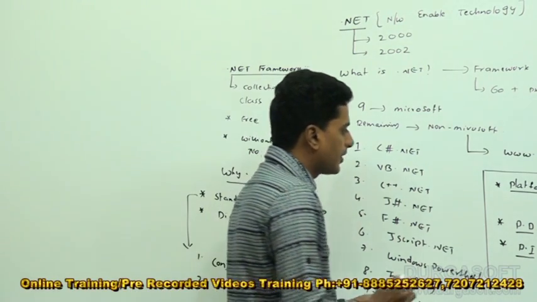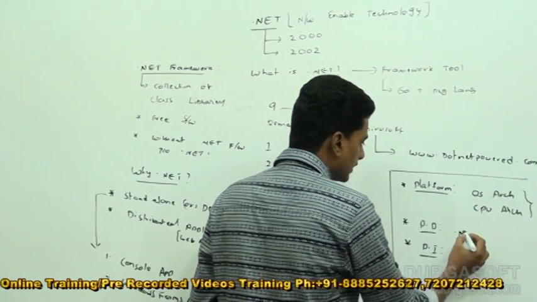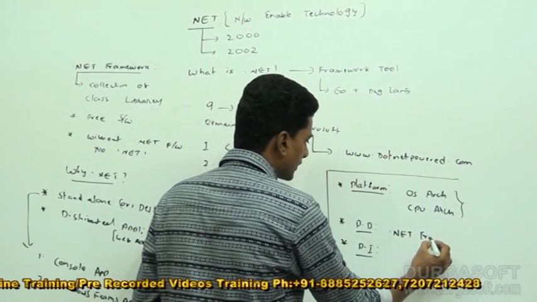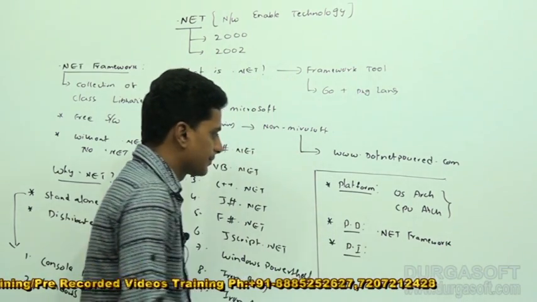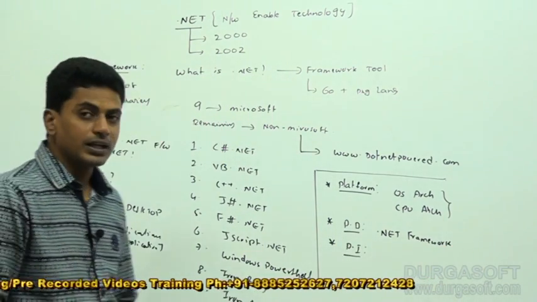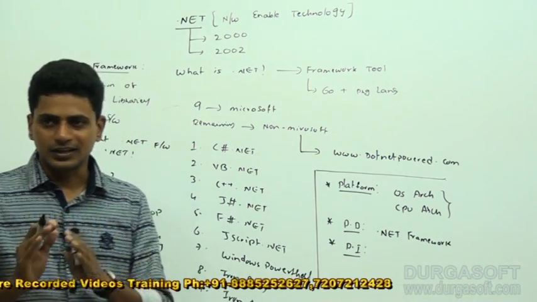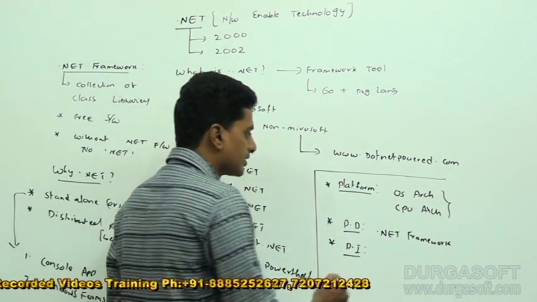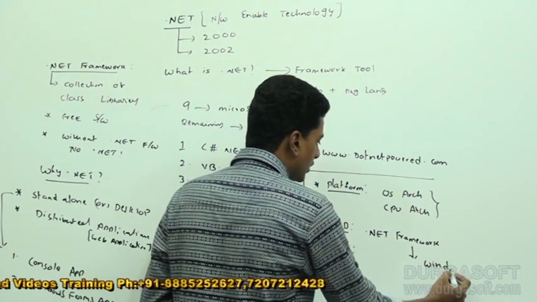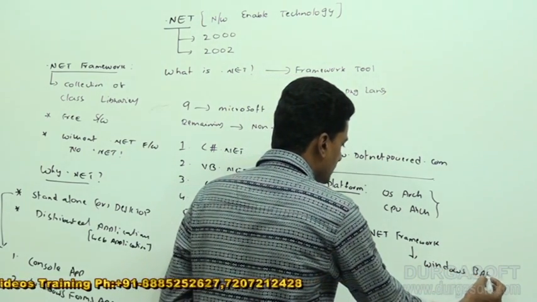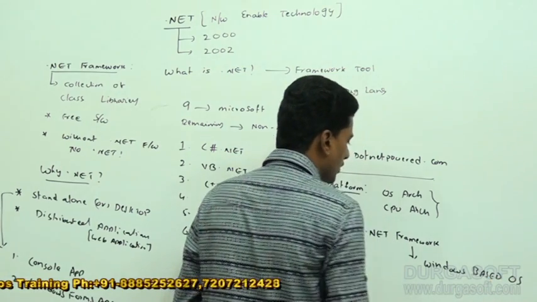.NET is platform dependent when using .NET framework. That means when we are using .NET framework, the .NET framework code is able to run only on a particular operating system. That means .NET framework code is able to run only on Windows based operating systems.